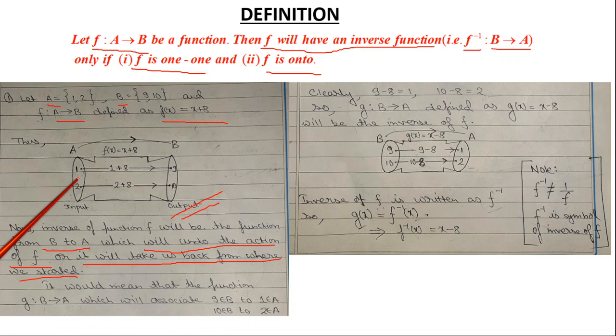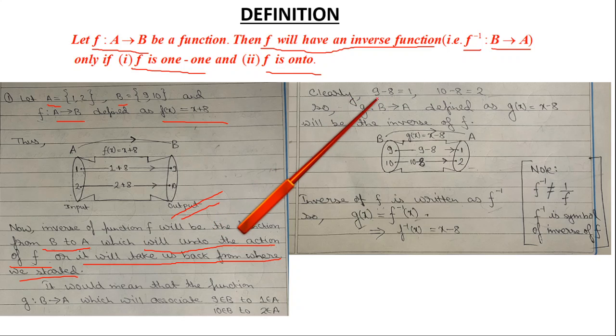Like here, for this function f from A to B, 1 is taken to 9, 2 is taken to 10. So what the inverse will do is, the inverse from B to A will take 9 to 1 and 10 to 2. So there would be a function g from B to A, which will associate 9 to 1 and 10 to 2.